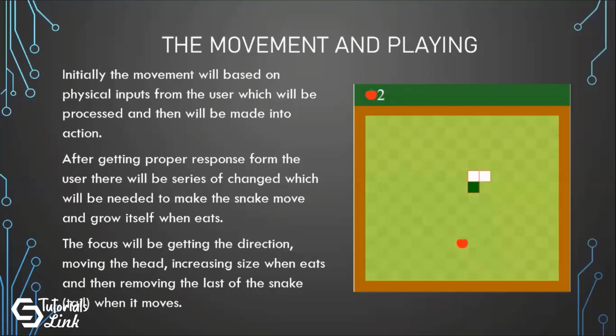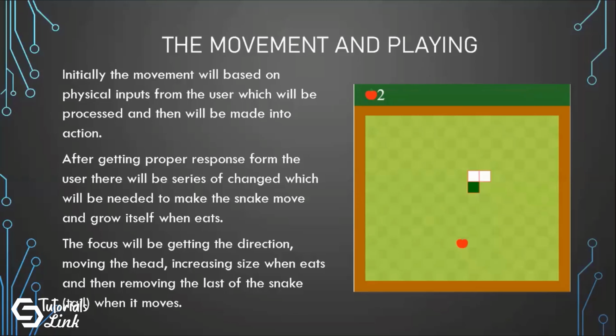Okay, so the next part is basically the movement and playing. Fine. So let's just visualize this image which I have put there. It shows that there is a snake, or an array we can say, which is having a head, and there is an apple or food present in the ground section, and also there is a score above which has to be changed every time.